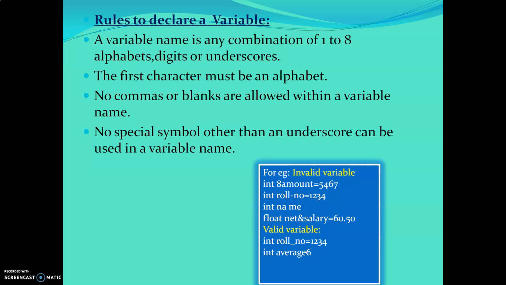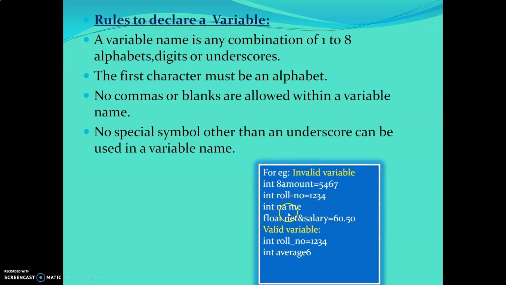In the rule, the first character must be an alphabet. Second, int roll-number is equal to 1234. Here a hyphen is used, only the special symbol underscore is allowed. So this is an invalid variable.